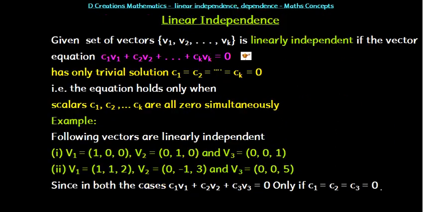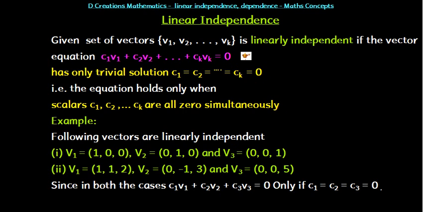Now there's also the concept of linear independence. The given set of vectors is linearly independent if the vector equation c1 v1 plus c2 v2 plus dot dot dot plus ck vk equals 0 has only the trivial solution, that all the scalars c1 equals c2 equals dot dot dot equals ck equals 0, or in other words, all the scalars need to be 0 simultaneously.